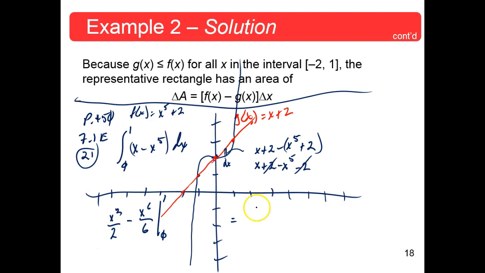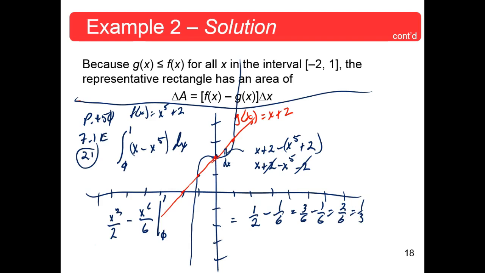What do you get when you plug 1 in? Okay, that would be 1/2 minus 1/6, right? And now the 0 part, 0 minus 0. Okay, so this will be 3/6 minus 1/6 is 2/6, which is 1/3.